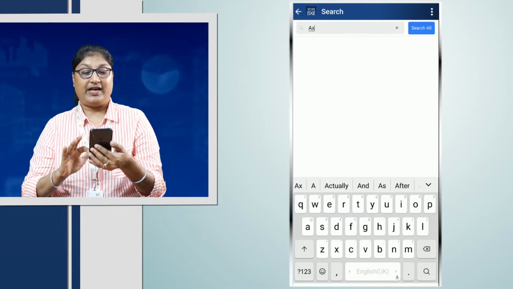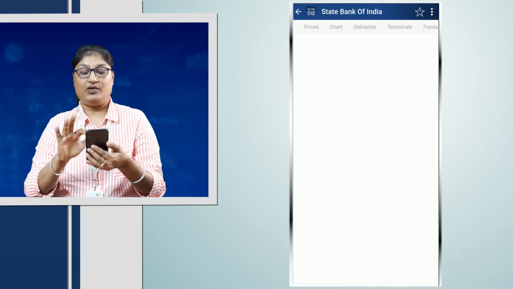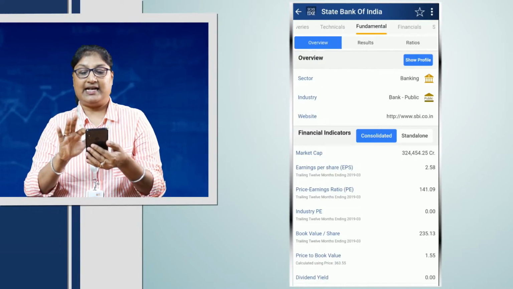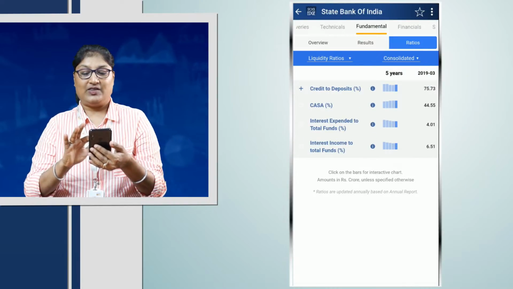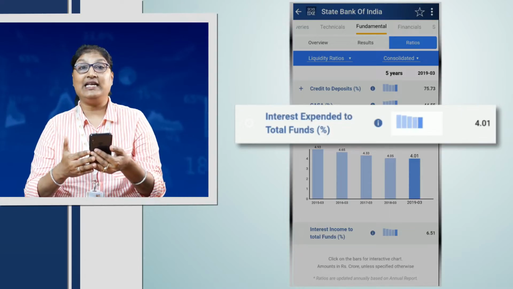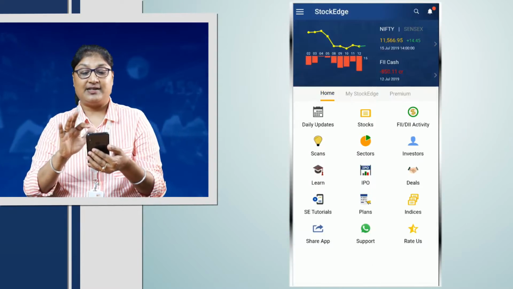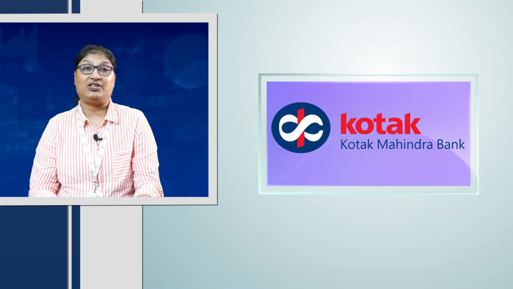Similarly, when we find out about State Bank, under liquidity ratios, the interest expended to total funds for State Bank is 4.01. That means when we check all the banks, we see that Kotak Bank has the lowest among all the three for interest expended.